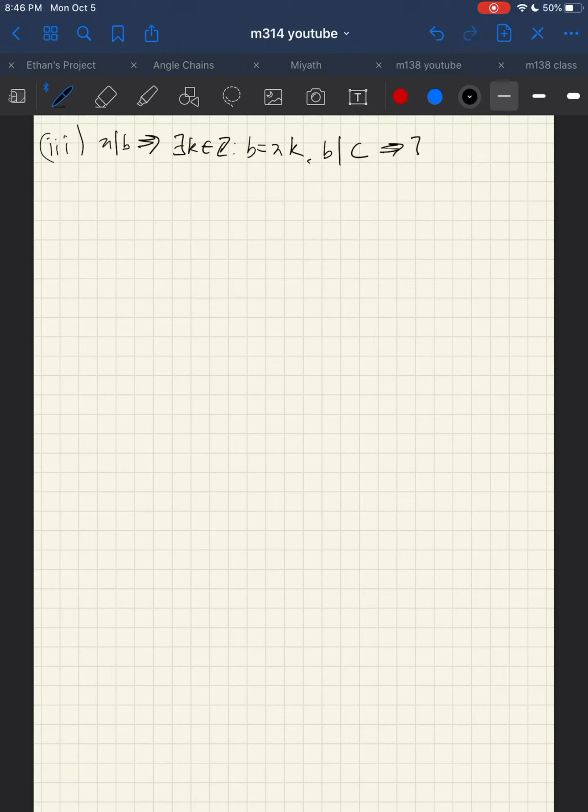So now I've got b divides c, which means there exists an integer L such that c equals BL. Now I consider c. Well, c is going to equal, we just saw, b times L, but b is AK, so this is AKL. Well, this is a times an integer.